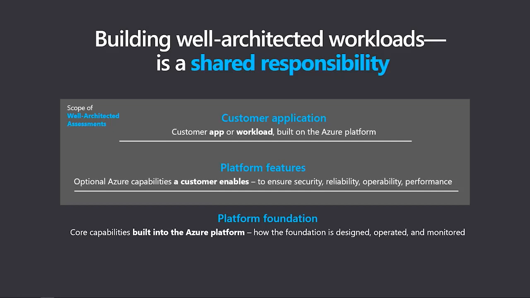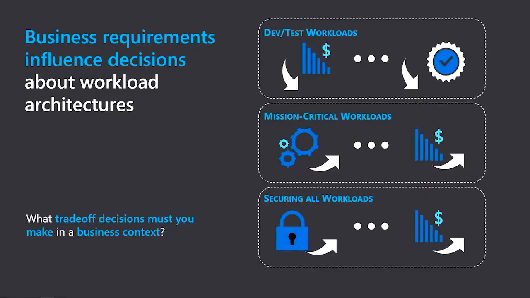So let's look at what trade-offs you must make as it regards to your business context. Do you have to make trade-offs in an enterprise context? And what trade-off decisions must you make in a business context? You have to balance your business requirements and how they influence decisions about how you architect your workload.